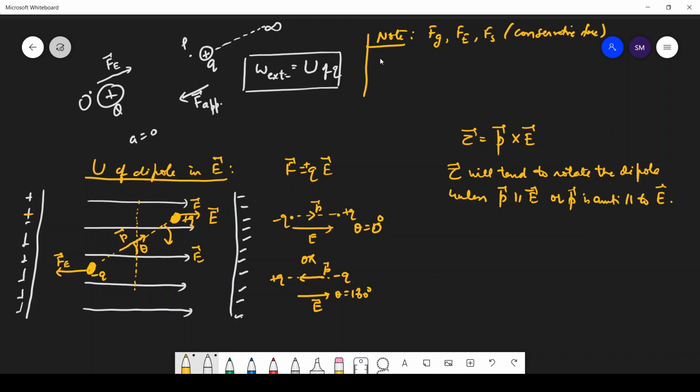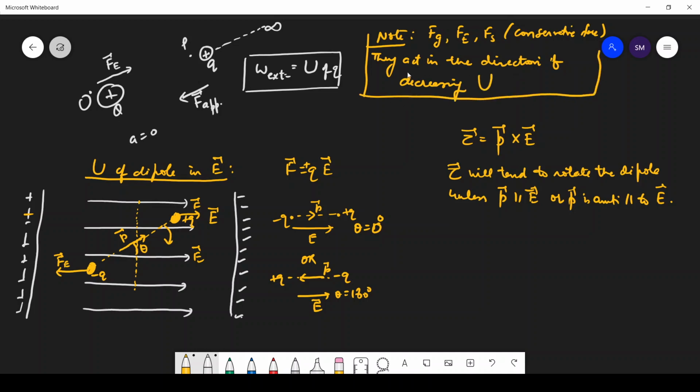Always, they act in the direction of decreasing potential energy. So students, remember this rule. The direction of conservative force, they always act in the direction of decreasing potential energy. So here, this is the direction of electrostatic force. So it means in this direction, potential energy will decrease.